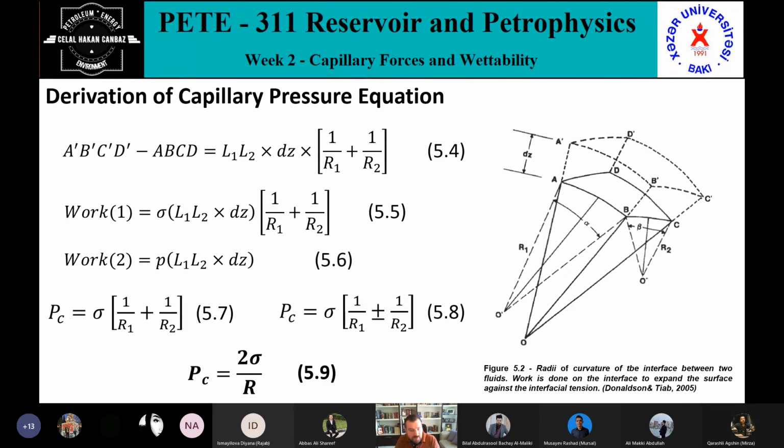Here sigma is the interfacial tension between two liquids.